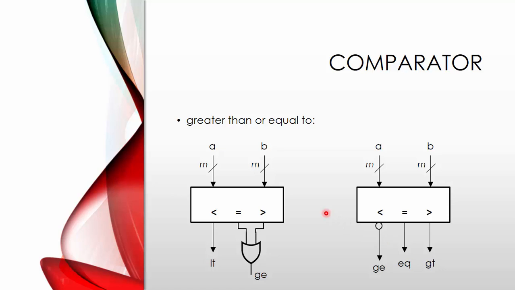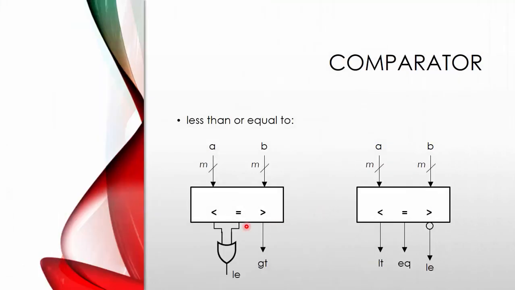So you can expect the same thing for less than or equal to. Like this, the easy or less optimized solution, or straightforward solution, is by combining the less than and equal to output with an OR gate, we get less than or equal to.